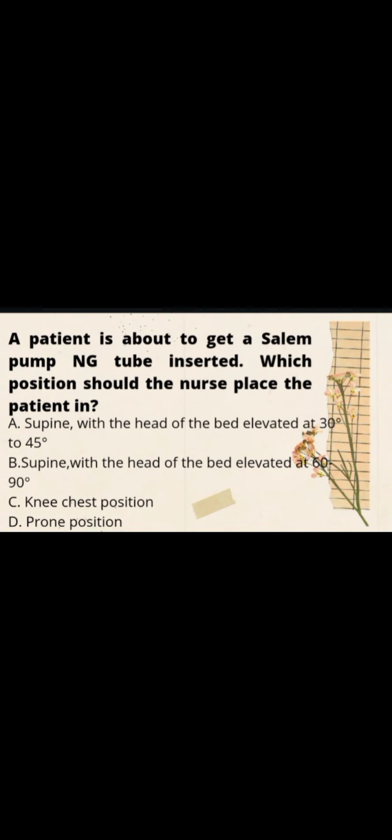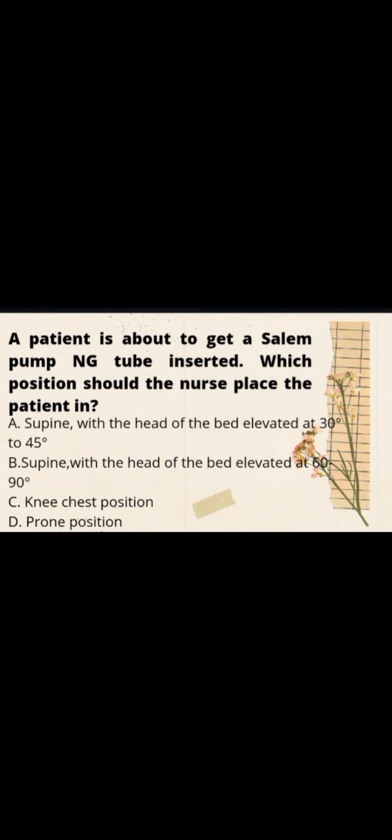The correct answer is letter B. A supine position with a 60 to 90 degrees elevation facilitates swallowing of the patient and lets gravity help in the movement of the tube down to the GI tract. Choice A is incorrect because the nurse should position the patient so that the insertion of the NGT is facilitated.